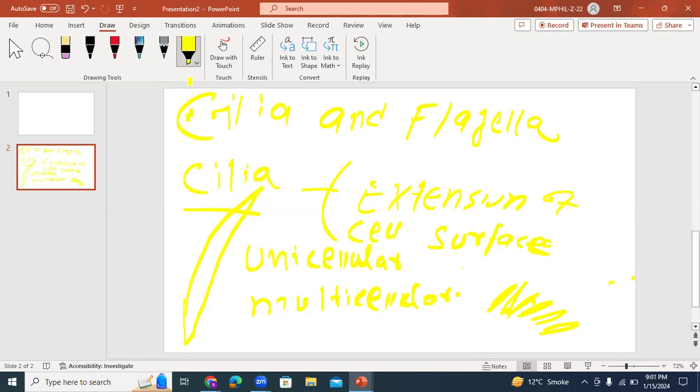The way that wiper moves on the front glass of the vehicle, in a very similar way, cilia and flagella both work. They can move like a wiper.